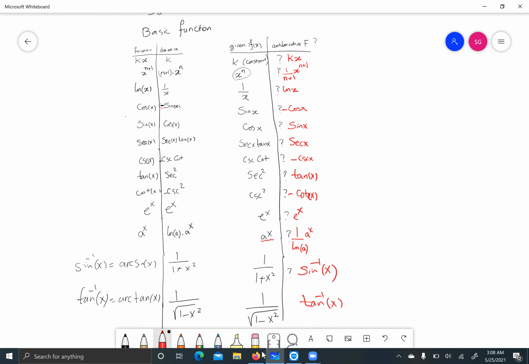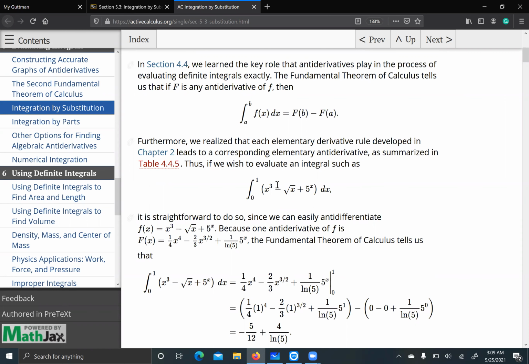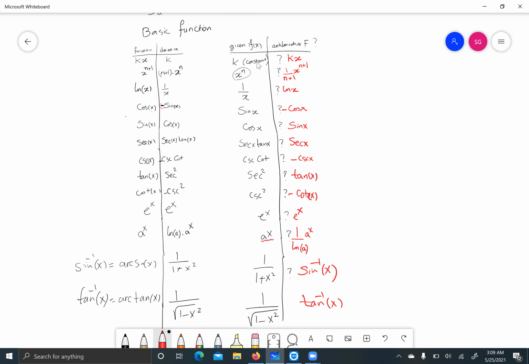Okay, so if you have a question like this, you are going to take the integral of this function. That means you need to find the antiderivative. But look at the type of function. This is a power function. We have a formula for power function.